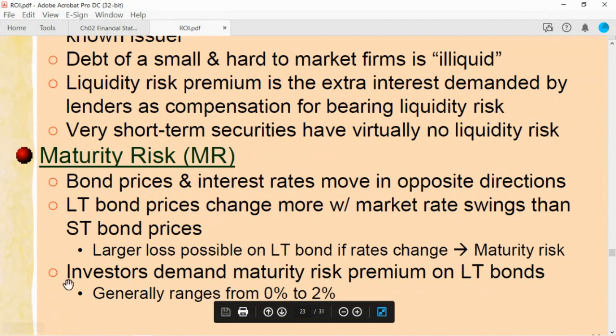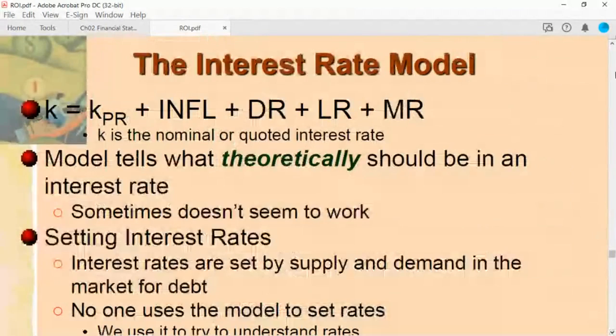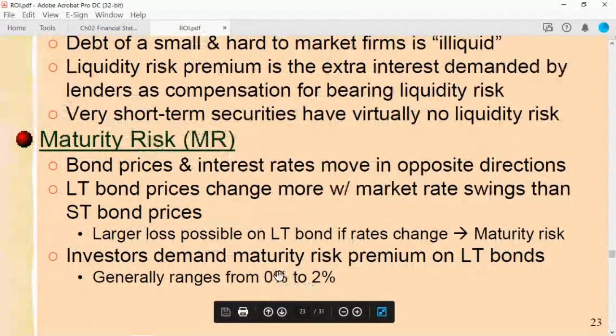It's also called the price risk, also called interest rate risk, because it's all a result of longer maturity and potential fluctuations in interest rate and the resulting price changes, right? So usually the risk premium between short-term and long-term bonds is generally 0 to 2%.